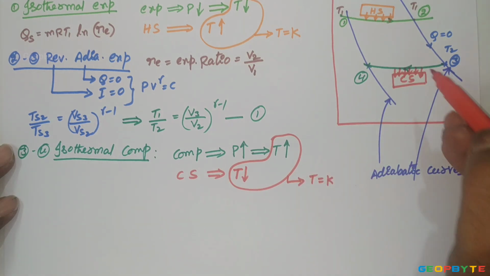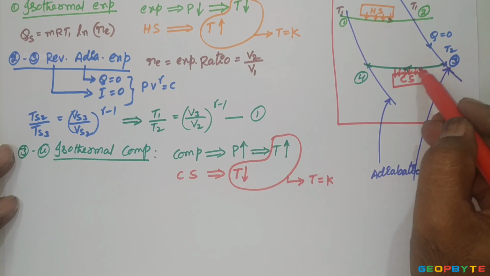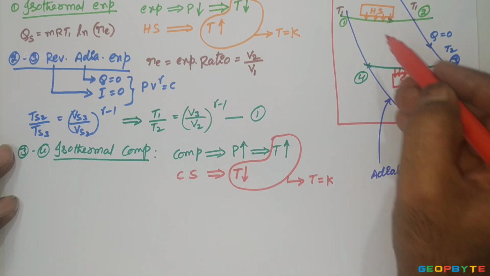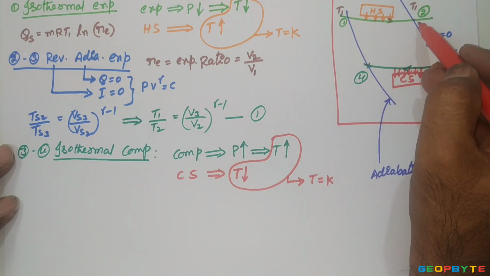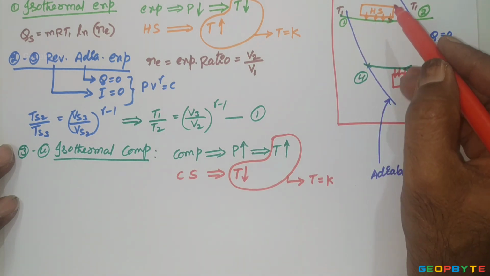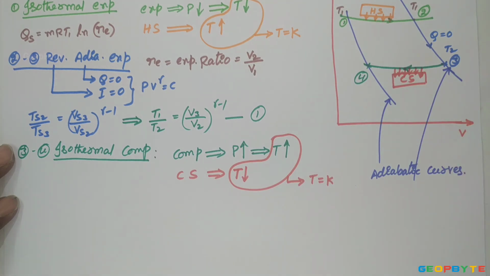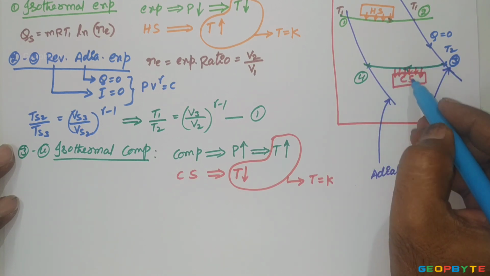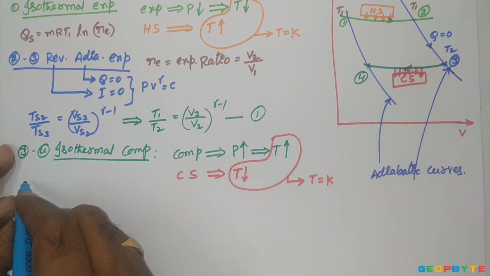From this, it is very clear that isothermal compression is possible by adding the cold source, and isothermal expansion is possible by adding the hot source. Once we add the cold source for the 3 to 4 process, the compressing gas is rejecting the heat to the cold source.